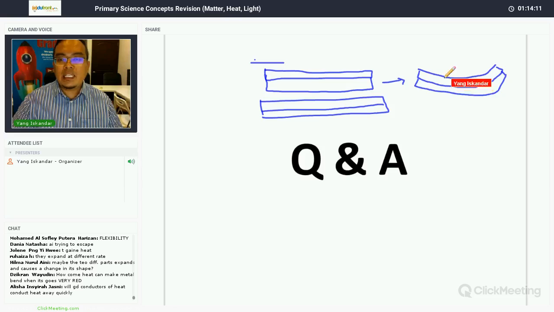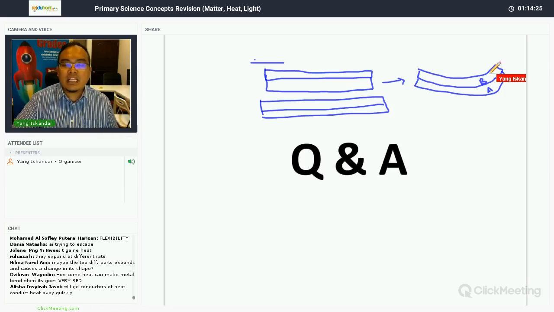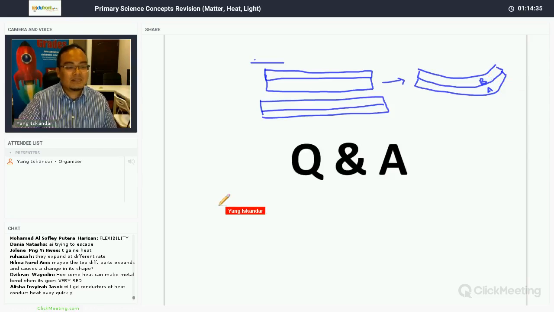So why does this bimetallic strip bend? Because metal A expands more than metal B. So when metal A expands more than metal B, you can see here it becomes longer than metal B, and because of that, it bends upwards in this manner.